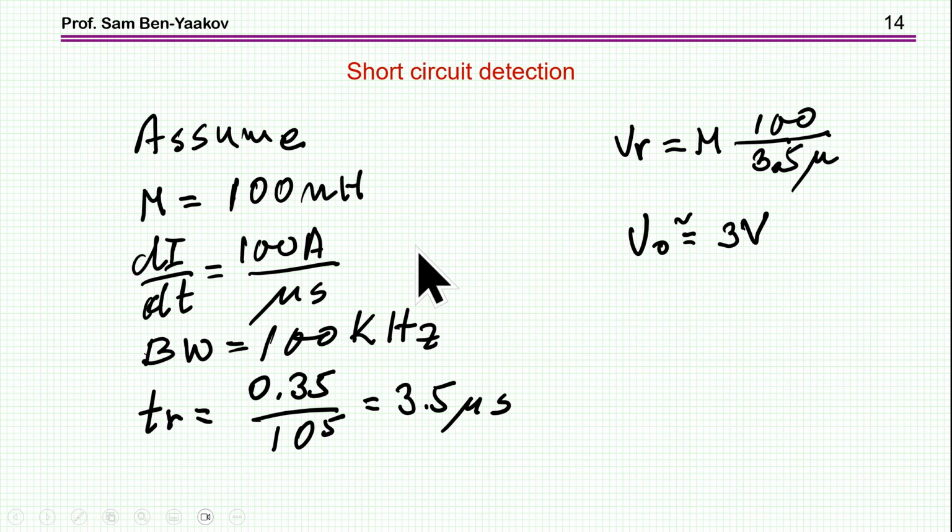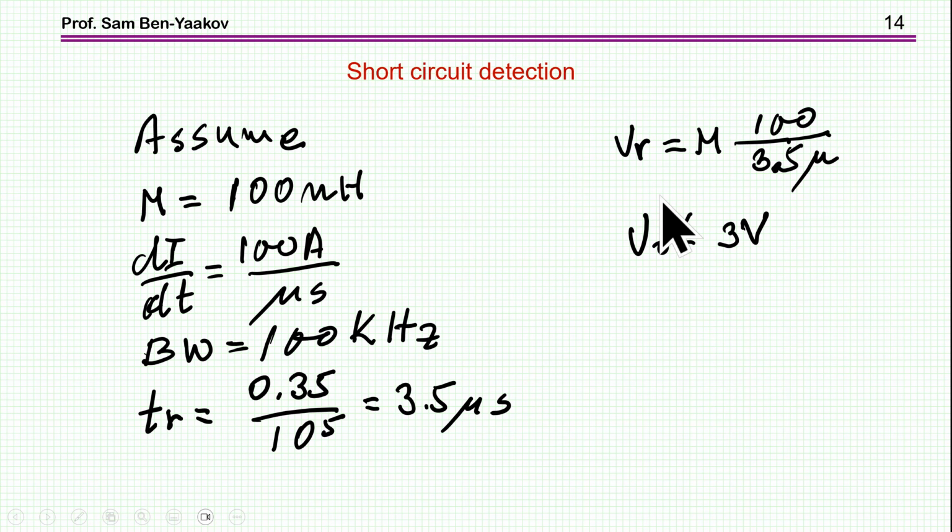So let's take an example. Suppose we have a probe with a 100 nanohenry mutual inductance, and suppose the short has a rise rate of 100 amp per microsecond. And I'm assuming that the bandwidth of the probe itself is 100 kilohertz because it is a limiting factor also. So the rise time is approximately 3.5 microseconds.